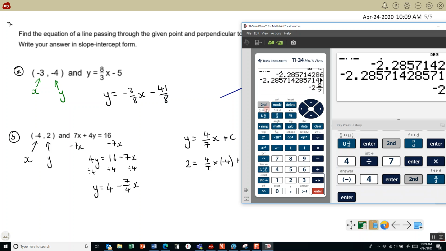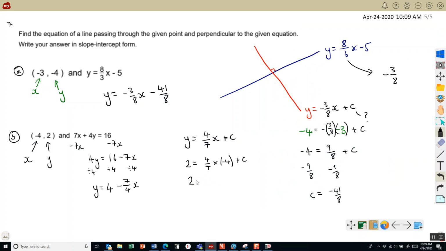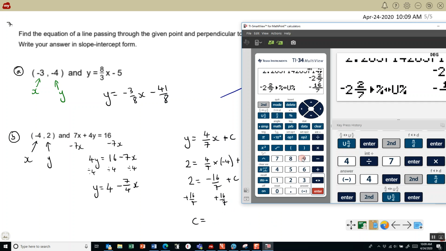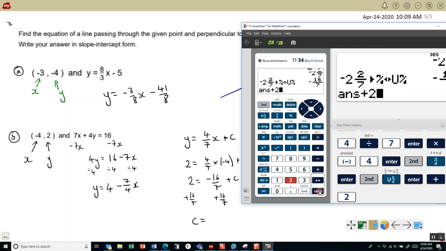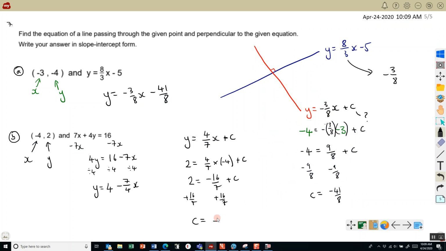Yep, and let's make it an improper fraction, negative 16 over 7. So I get 2 equals negative 16 over 7 plus c. And now to find c, I'm going to add 16 over 7 to both sides. So I get c equals, so I'm going to add 2 onto this. Oh, nice, negative 2 over 7.